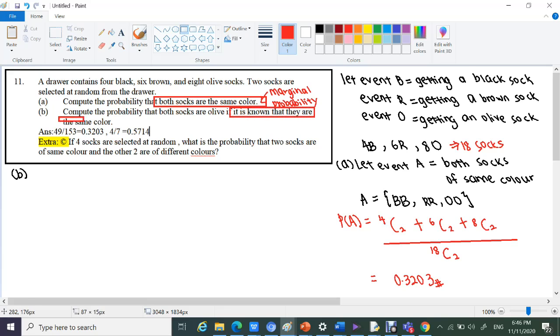"Known that" will be the keyword. Known that, or when we see the words given that, we know that it is a conditional probability. Once we know that, this scenario occurs given another event.